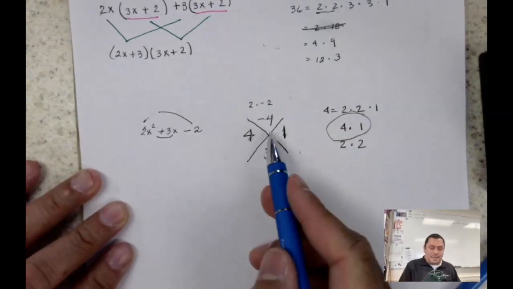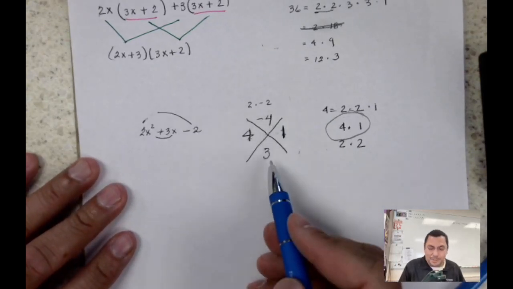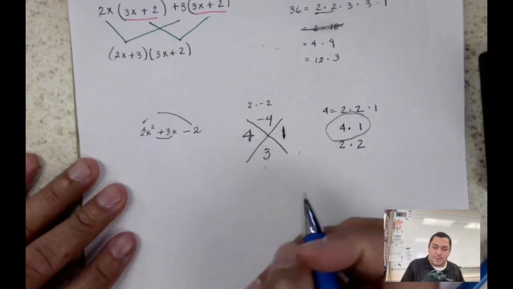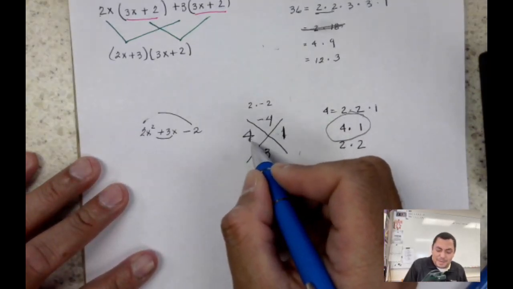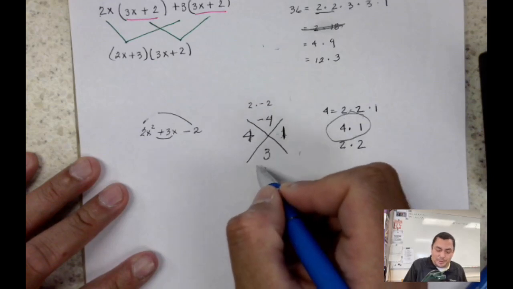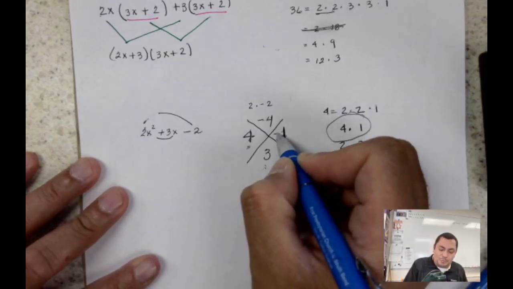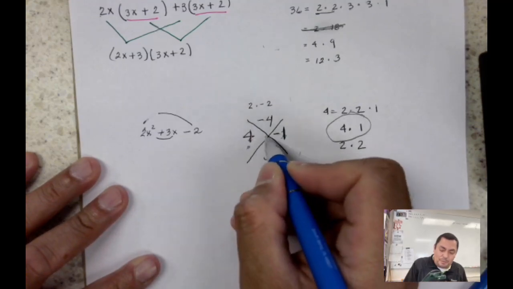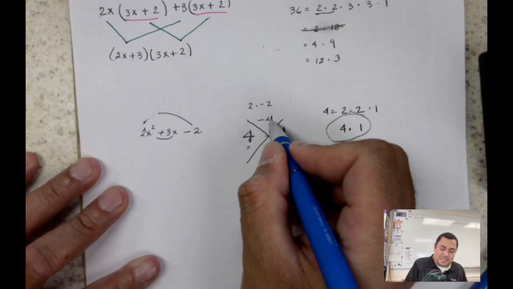Okay. Remember, I need the top number negative, but the bottom number is positive. And the bottom number is going to tell you where the negative goes, because the difference between these numbers gives you a positive number. 4 is the biggest number, so that means 1 is negative. 4 minus 1 is 3, but 4 times negative 1 is negative 4.